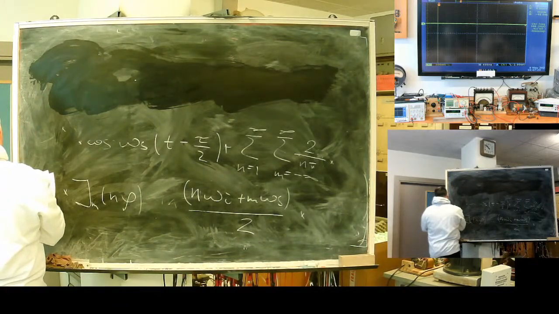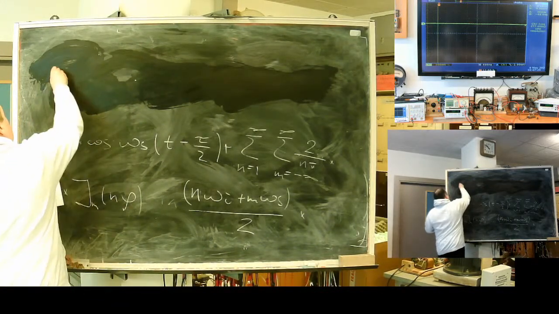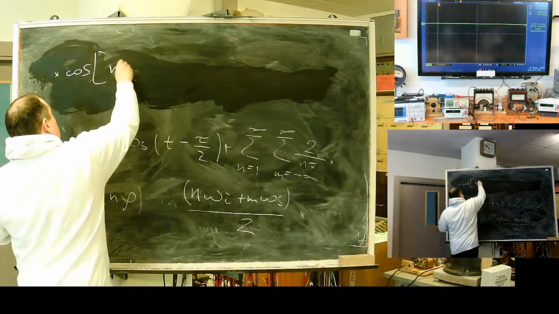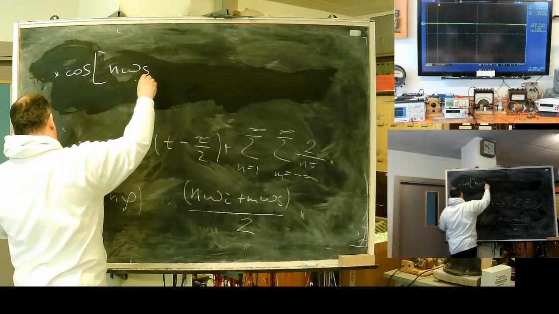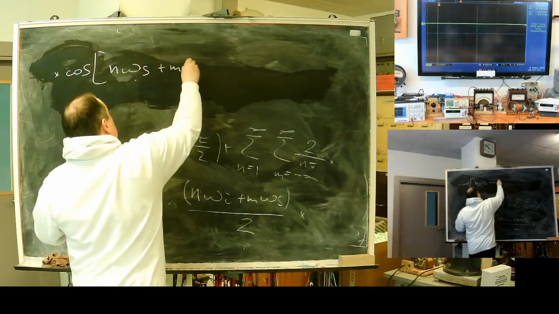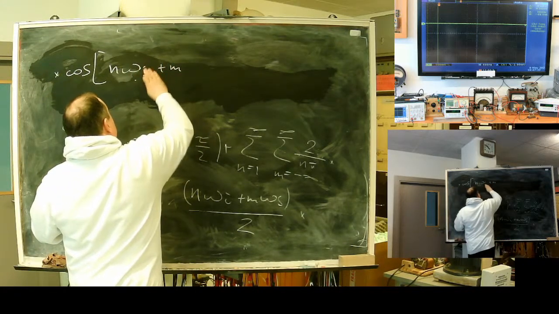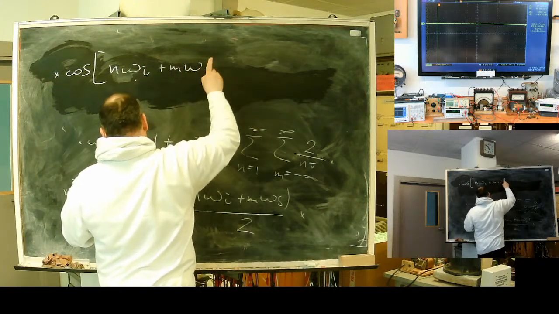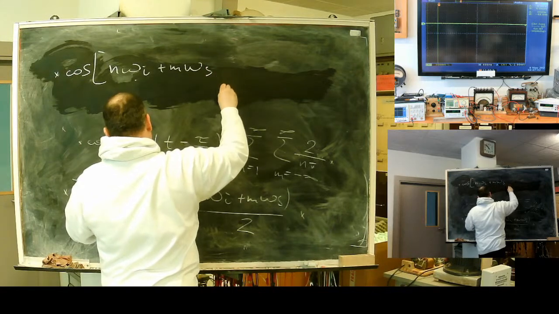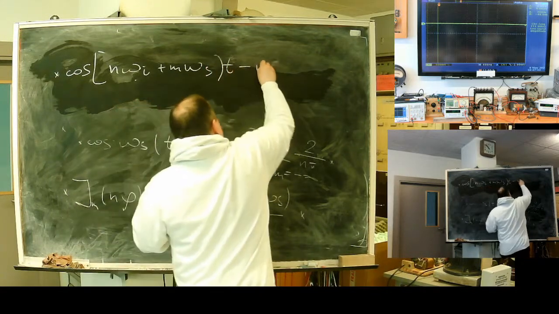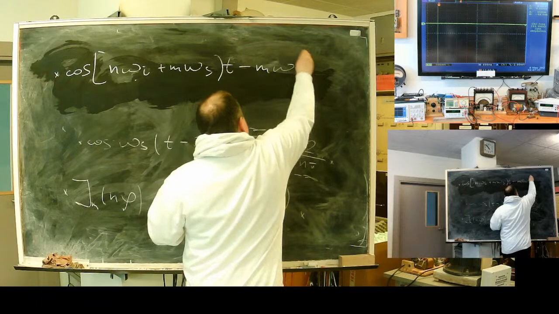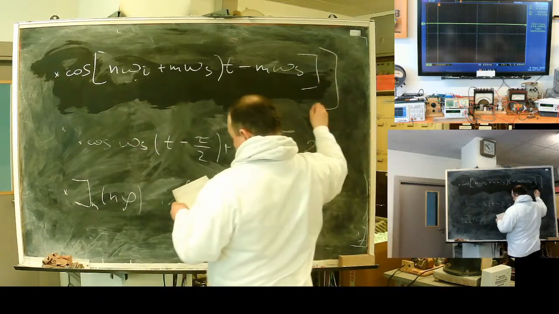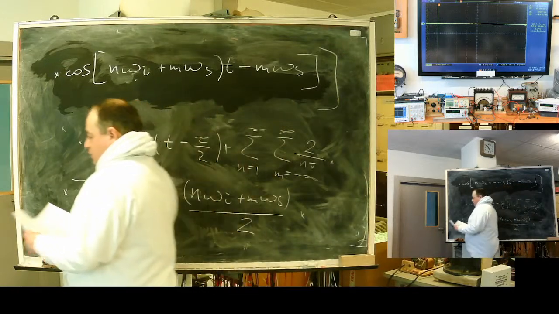It should be multiplied by cosine of m omega signal, sorry, this will be I and this will be signal, tau minus m omega signal. This is the end. Looks terrible.